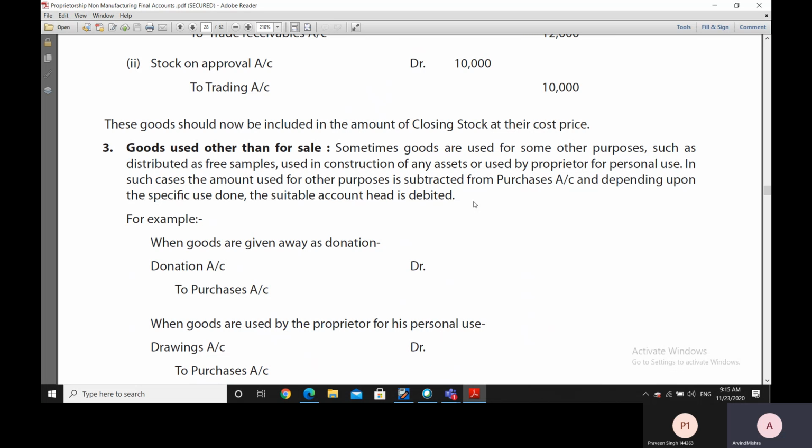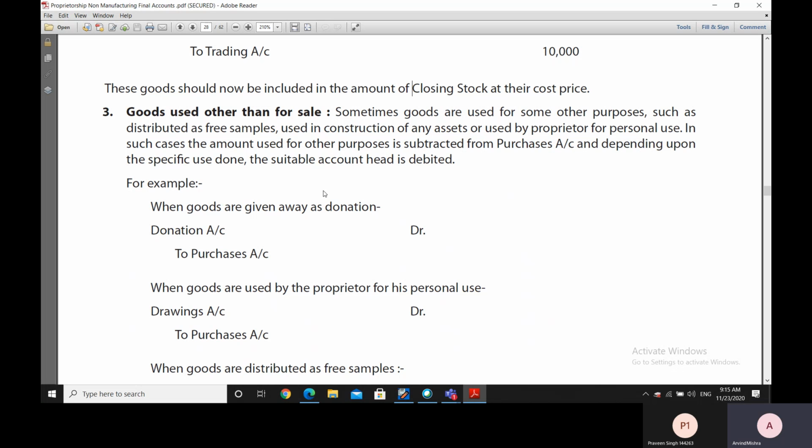In such cases, the amount which is used for other purposes is subtracted from the purchases account, because it was earlier taken as a purchase to be sold. We reverse the purchase entry and a suitable account is debited instead of the purchase account.